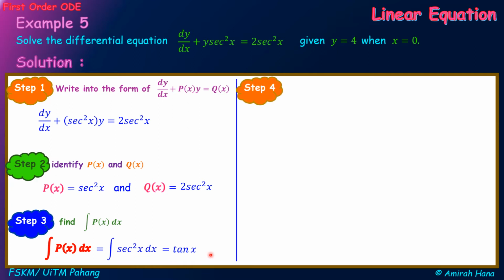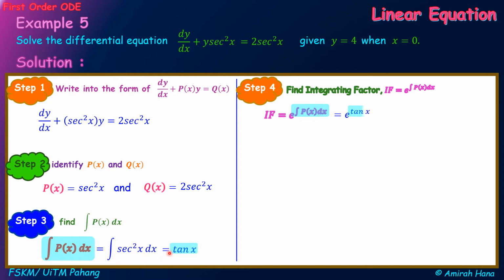Then step 4: find the integrating factor, or IF, which equals e to the power of the integration of P(x) dx. So our IF equals e to the power of tangent x.